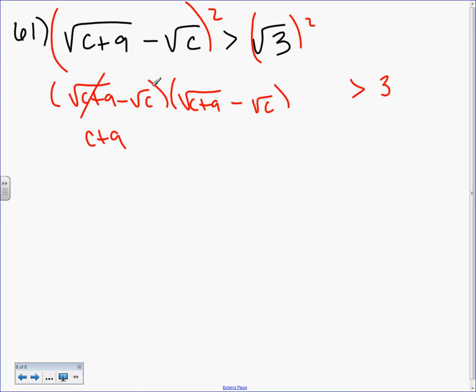I'm going to take the last piece and square it. Well, 2 negatives make a positive, right? So it's going to be a C. And then the middle is whatever this sign is, times each other times 2. Okay? So for right now, I'm out of room. I'm going to write C plus 9. Times each other times 2 would be minus 2. I'll just write it like this for right now.